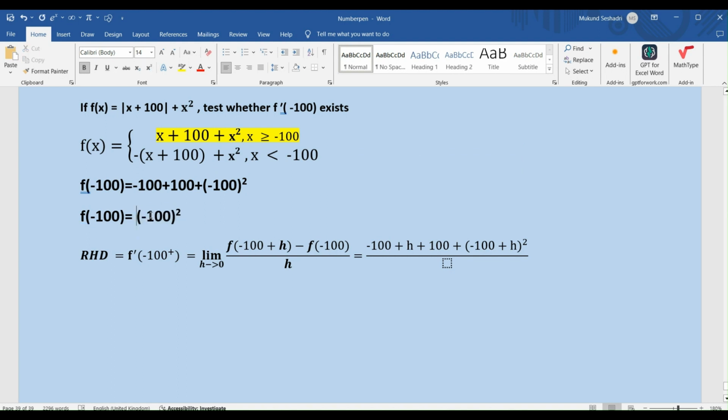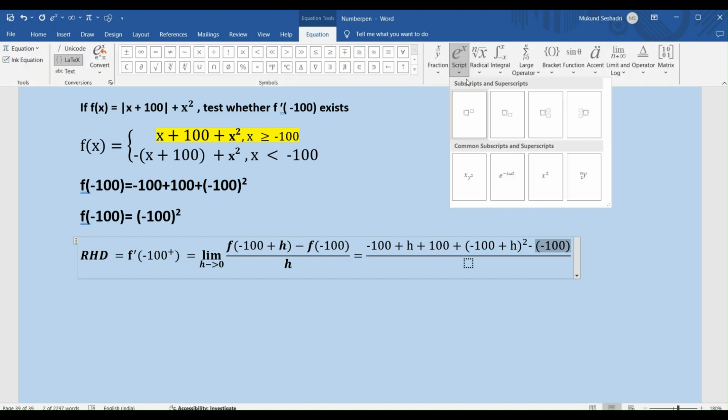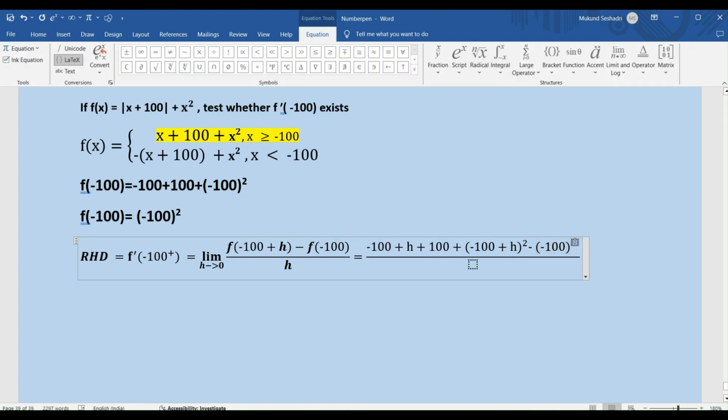So this is my f of minus 100, and I'm going to go back to my RHD and do that particular substitution, and I have minus 100 the whole square, right? And then I have my h in the denominator.